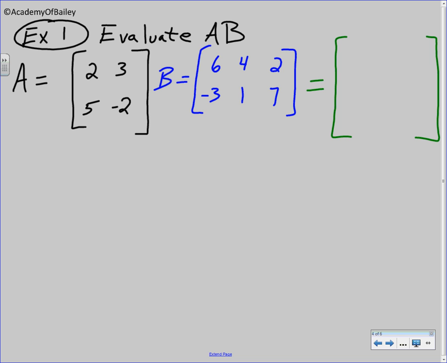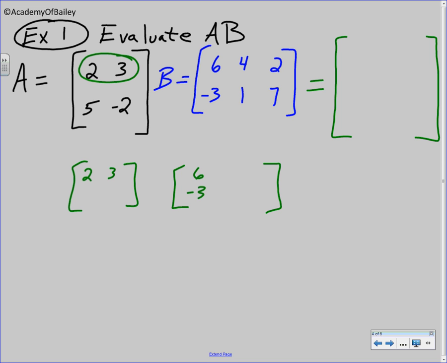Okay, so first off, we're going to look at this row. We're going to take this row, which is 2 and 3, and we are going to multiply it by each and every single one of those columns up there.